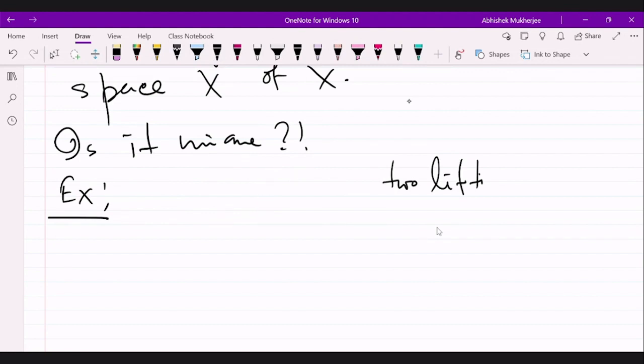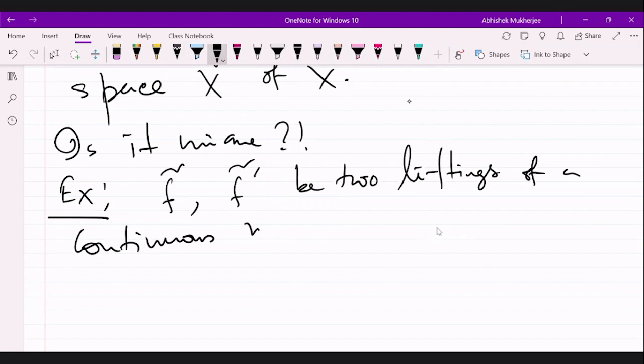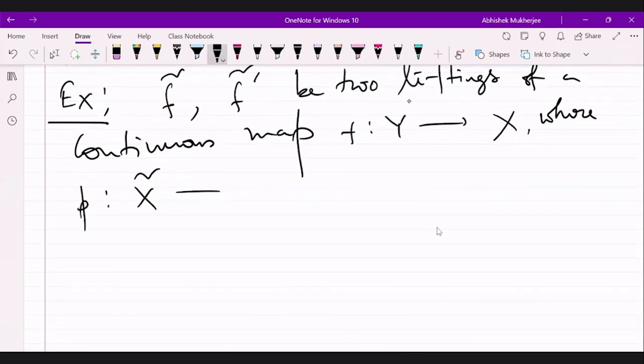If you take two liftings of a continuous map f from Y to X, where p from X tilde to X is a covering map.